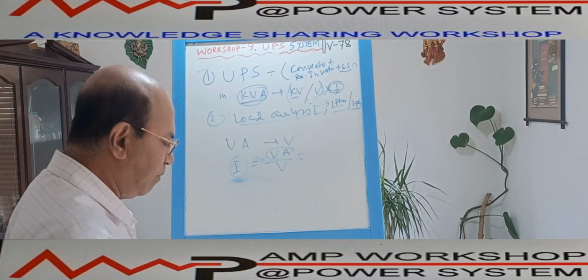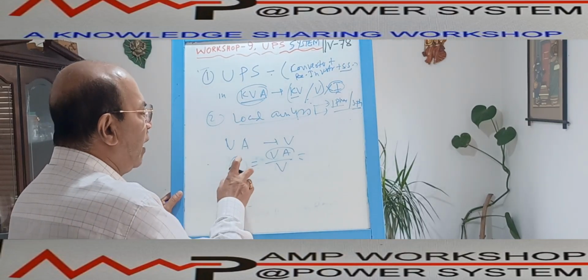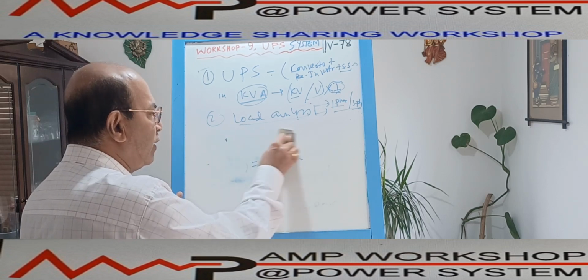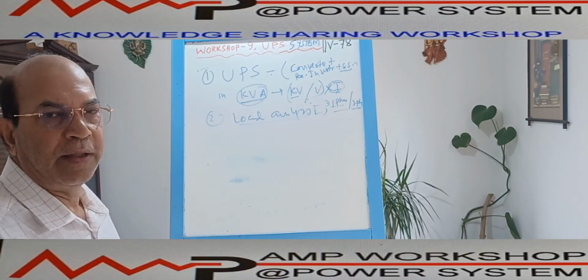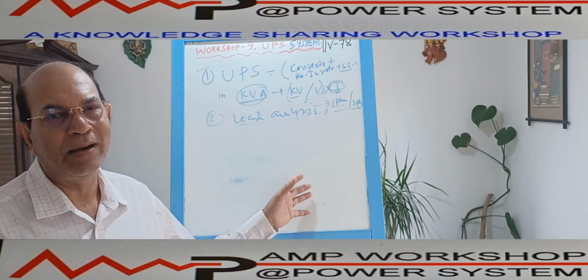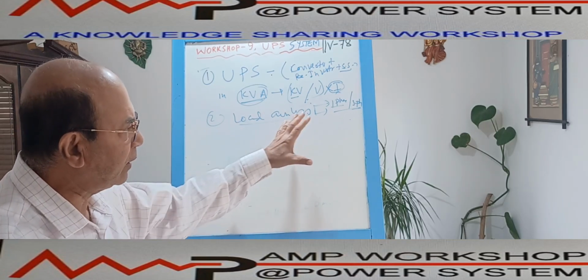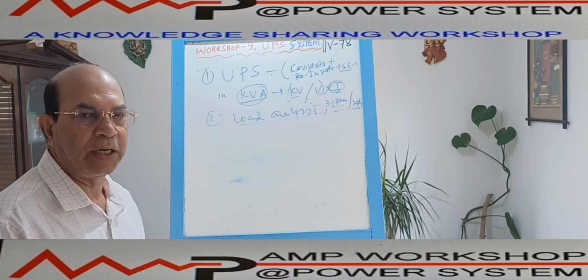If we get the voltage and current directly, then we multiply the voltage and current to get the VA, and then we have to apply the power factor if we want to know the kilowatts. So these are the basic things we need to identify for all the critical loads.